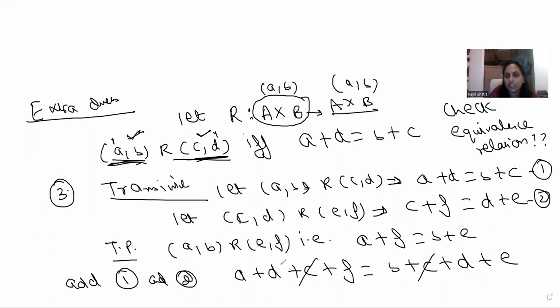C will get cancelled with C, D will get cancelled with D. So I can say A plus F is equal to B plus E. Hence, our relation is transitive and hence it is proved. So by adding the two results that we got from the given, we got the result that AB is related to EF, and hence we conclude that it is a transitive relation, and hence our given relation is an equivalence relation.